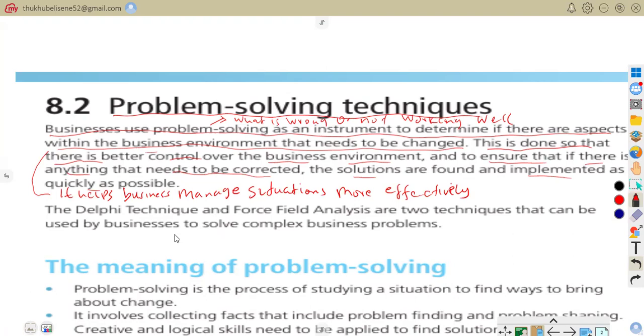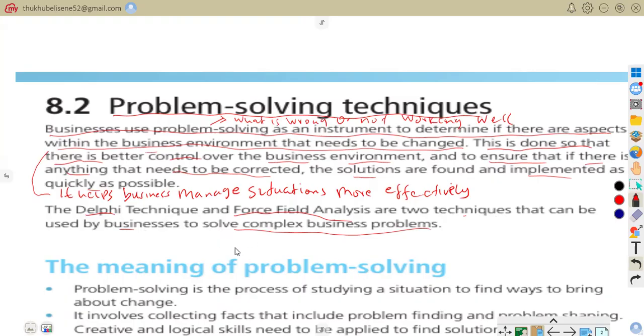Also, it says the Delphi technique and force field analysis are two techniques that can be used by business to solve complex business problems.